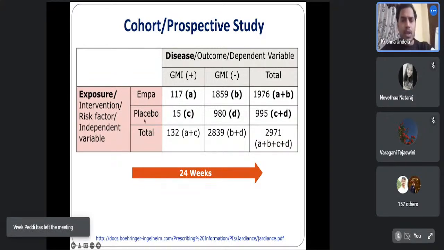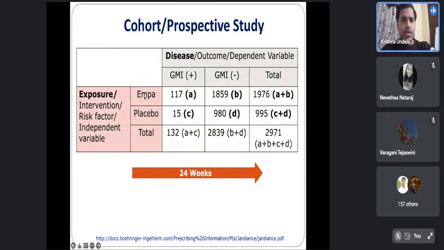The comparator may be any other anti-diabetic medication. Usually in experimental studies placebo will be there, but in observational studies we compare with some other medications. Take it as any other oral anti-diabetic medication.